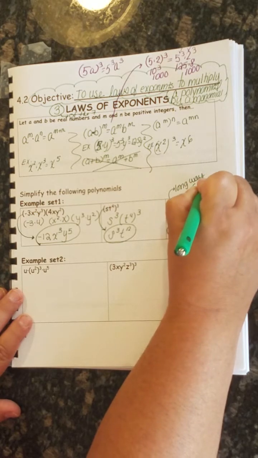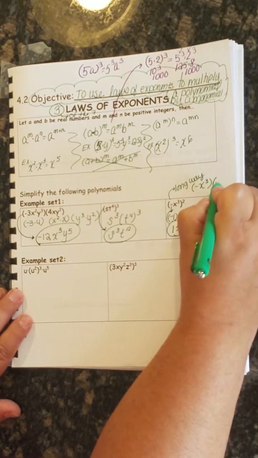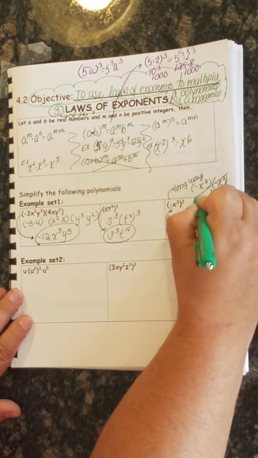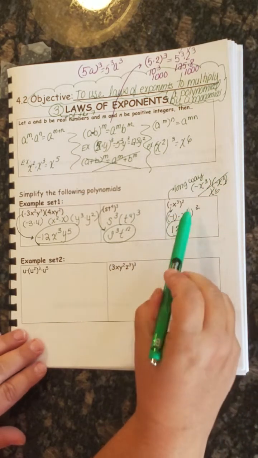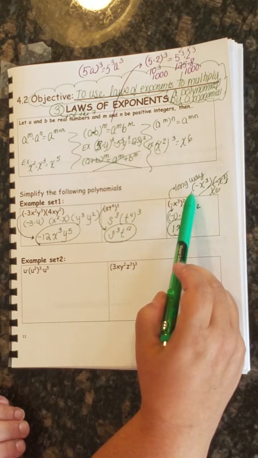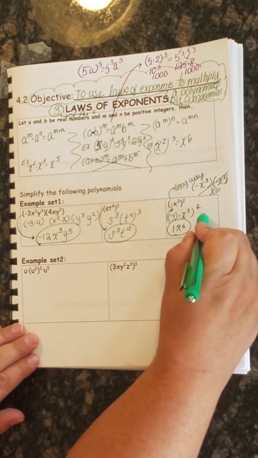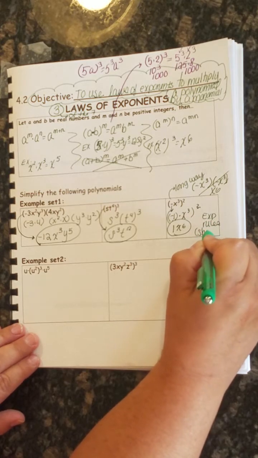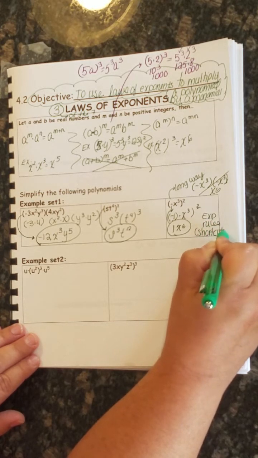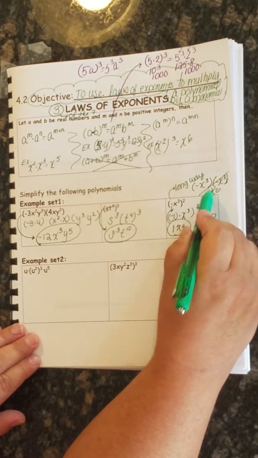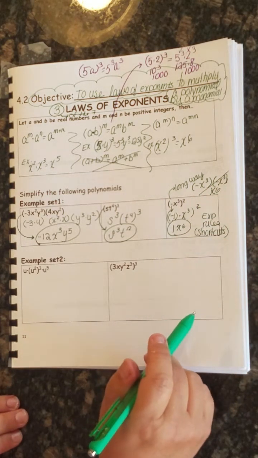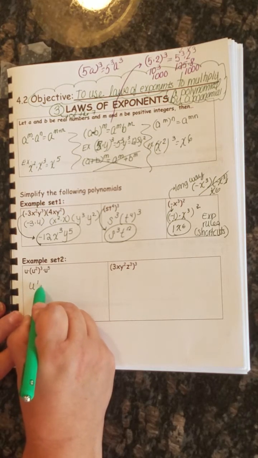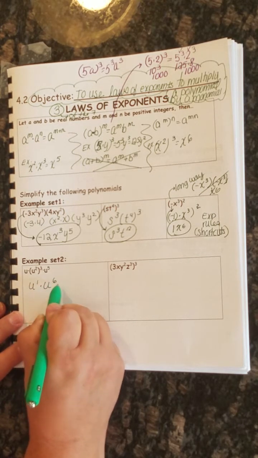That means I have negative x cubed and I'm multiplying it by negative x cubed and I'm getting x to the sixth. It's really not the best way to do it because now you're going to have to do it the long way for a lot of things. Exponent rules are shortcuts that someone's invented for you. So why would you want to do the long way? That's the question.